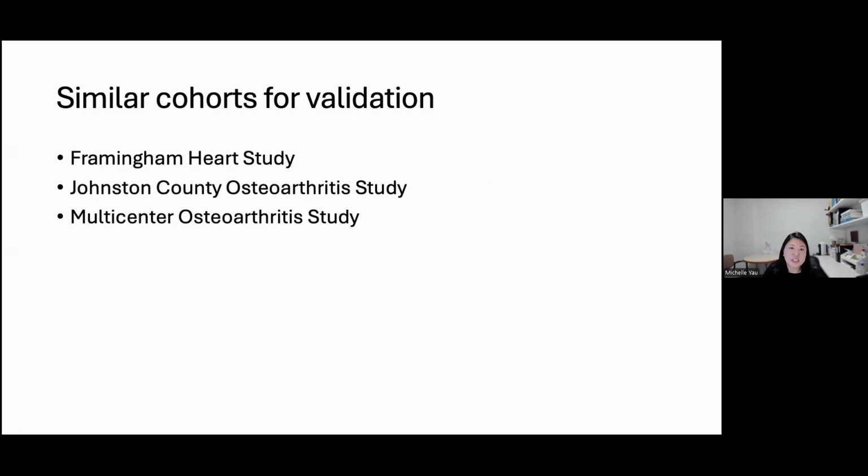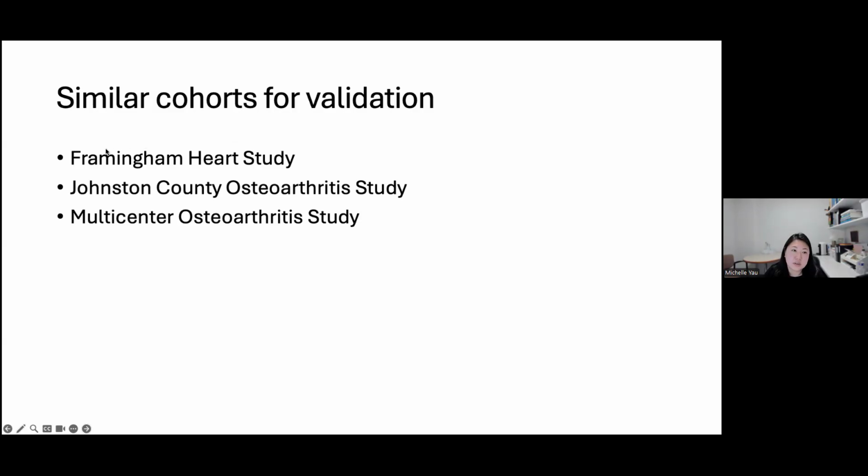And of course, for any genetic analyses, you're always looking for validation. It's hard to just do an analysis in one cohort and get that published. There are a number of cohorts that have similar genetics data and OA phenotypes available.